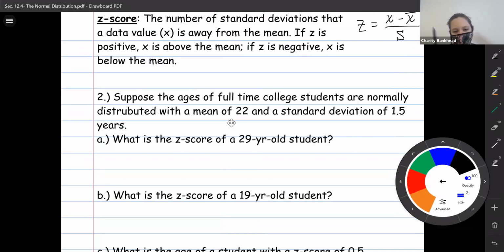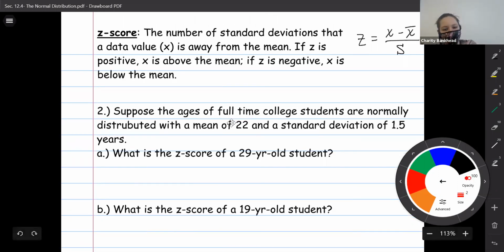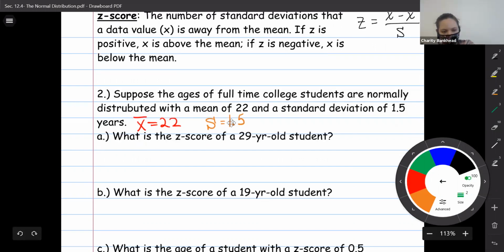So suppose the ages of full-time college students are normally distributed with a mean of 22 and a standard deviation of 1.5. Okay, so x bar equals 22 and s is 1.5. What is the z-score of a 29-year-old student? Okay, so z equals 29 minus 22 over 1.5.